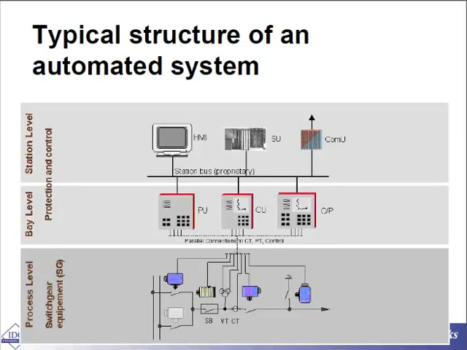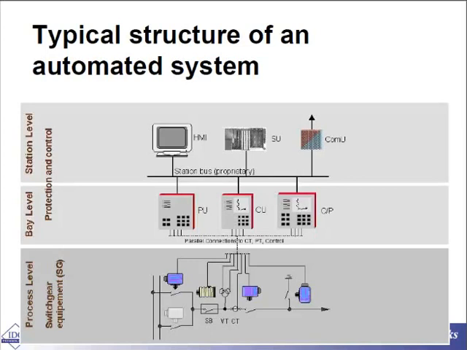It can be SCADA based, PLC based, Ethernet based, Profibus, Modbus, or protocol based. There are a number of gateways into this thing. That is the meaning of 61850.